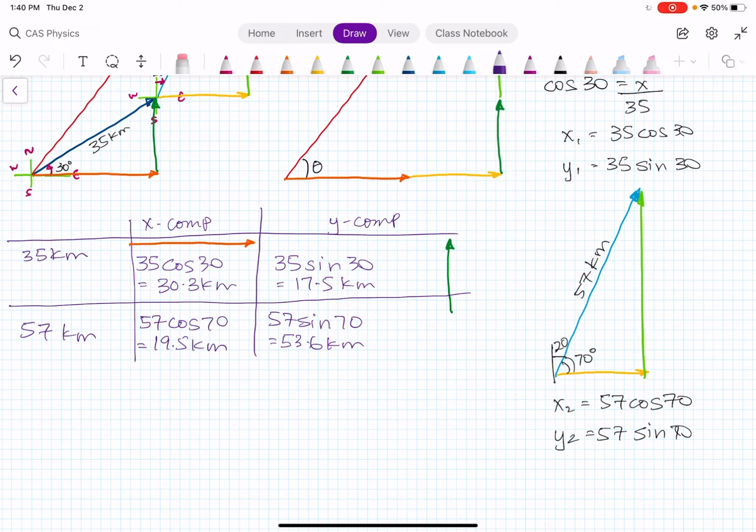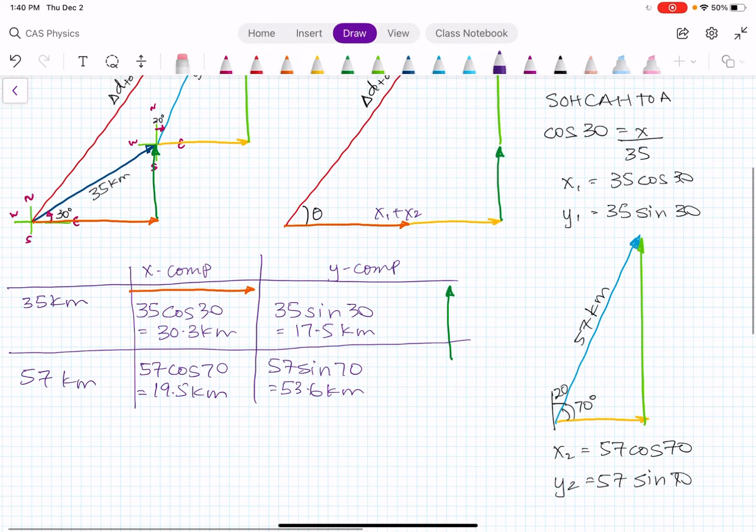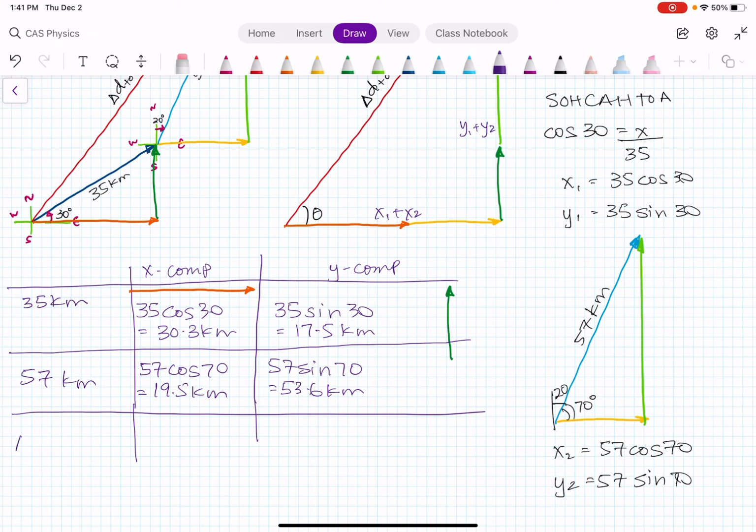If you think about it, this is just x1 plus x2, right? And up here, we have y1 plus y2. So now what I'm going to do is just add it all up. I'll extend this a little bit and then just say delta, I call this D. Delta D total is just going to be 30.3 plus 19.5. And the y component is going to be 17.5 plus 53.6.